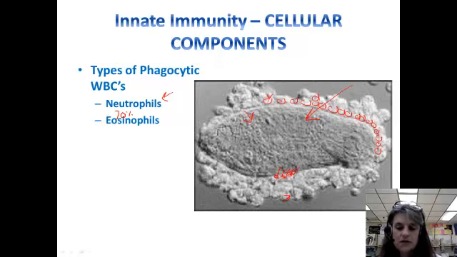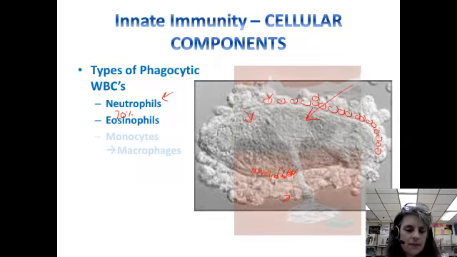So they squirt chemicals onto it that digest it. If you remember the silly string fiasco, at any rate, they squirt chemicals on it and break it down, and then they can phagocytose the debris.